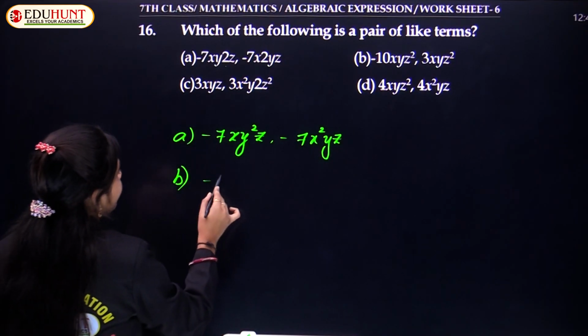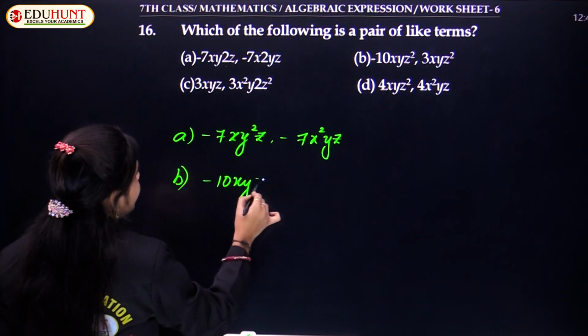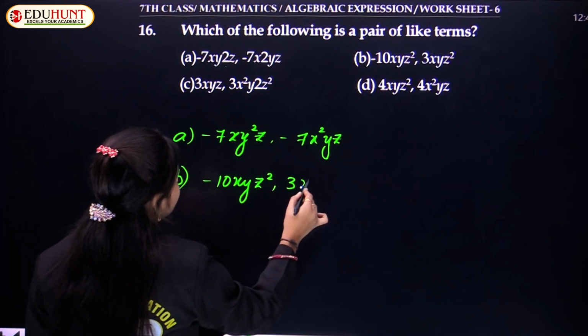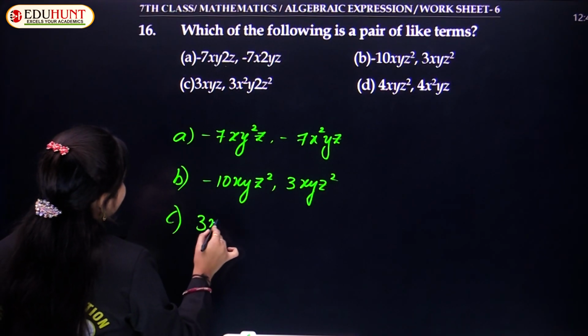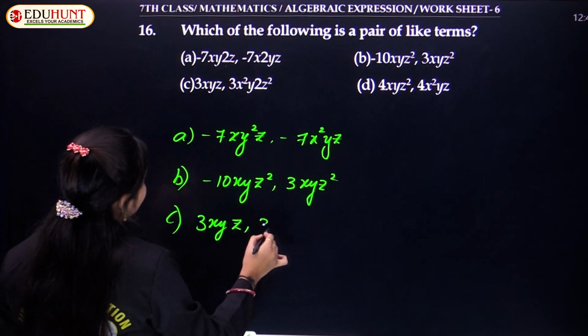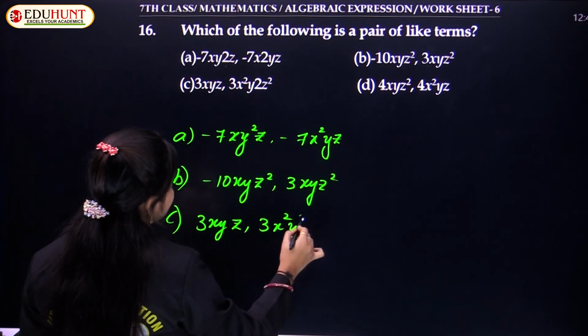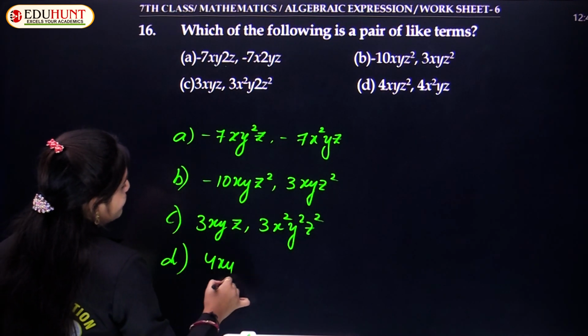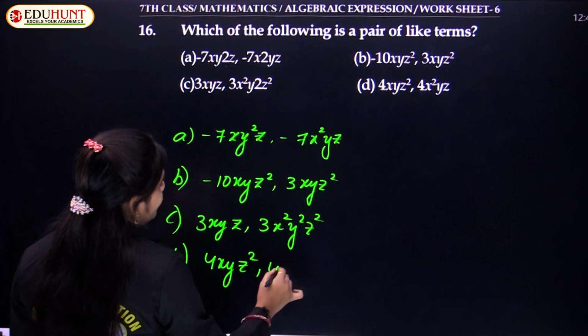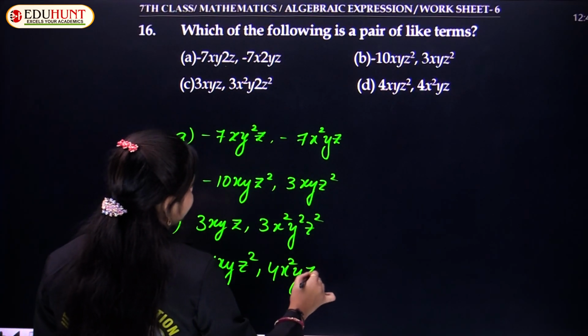Option B, minus 10xyz square, 3xyz square. Option C, 3xyz, 3x square y square z square. Option D, 4xyz square, 4x square yz.